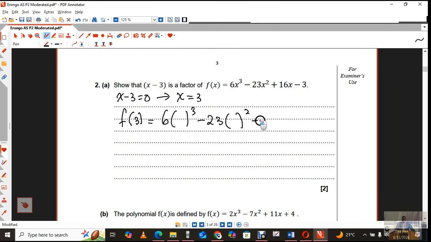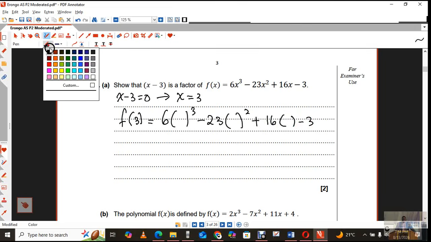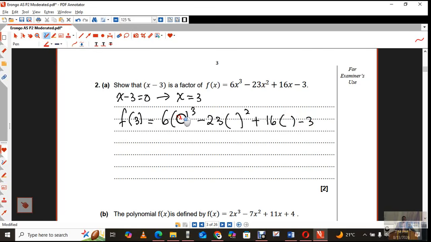So everywhere where I have to substitute the x, you see I'm putting my brackets, and then you go ahead and you put the value of x, which so happens to be 3. Okay, and when you are inputting f of 3 into the function, you'll see that you get 0. Then obviously you can say then x minus 3 is a factor of f of x.